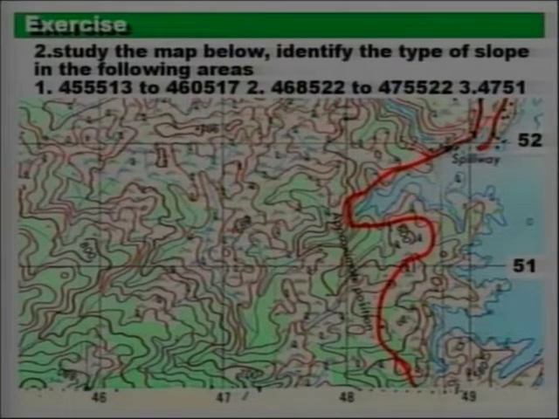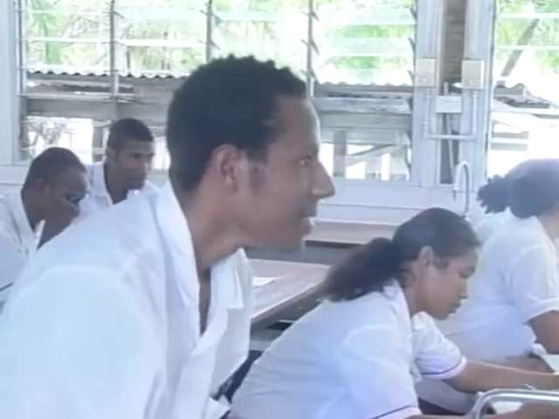What type of slope is found in that area, given the 6-figure grid reference? What do you have, Gideon? Concave slope. Okay, he says it is a concave slope.